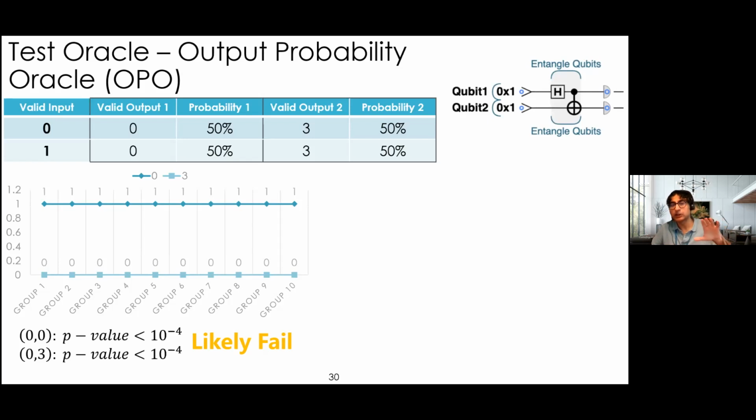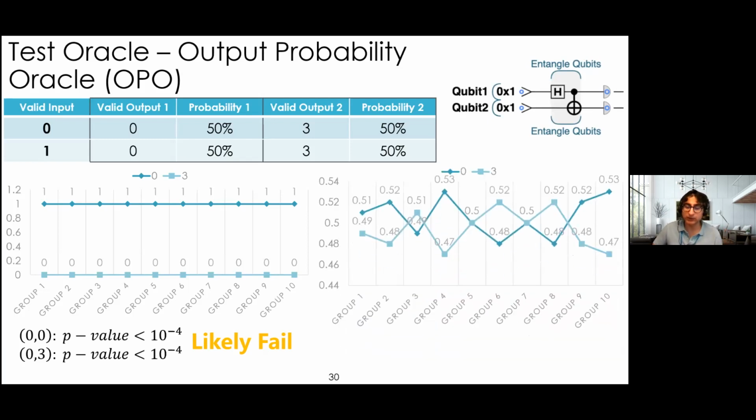It means that every time I execute the program, I only observed output 3, which is not correct according to the specification, because I want to observe 50% of the time 0 and 50% of the time 3. When I do this statistical test, it will give me a very small p-value, less than 0.01, which tells me that this is too different. Then it means that my program has likely failed, because the probabilities don't match the specification.